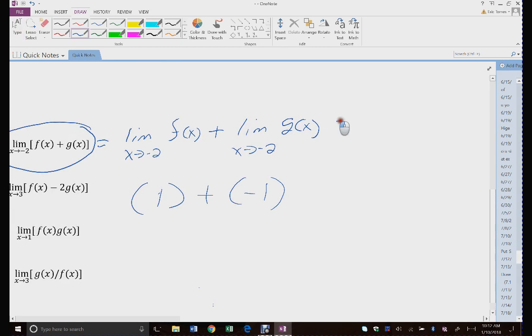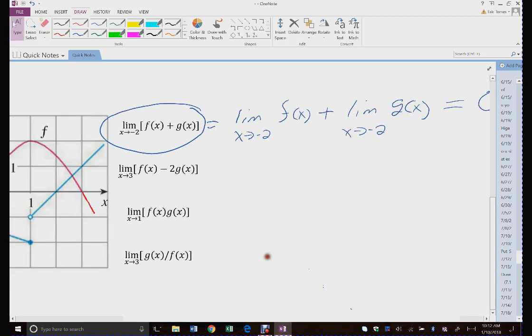The limit of f of x as x approaches -2 plus the limit of g of x as x approaches -2 is 1 plus -1, or 0. So that's my first. And I'm going to go through each one of these and rewrite them the same way.